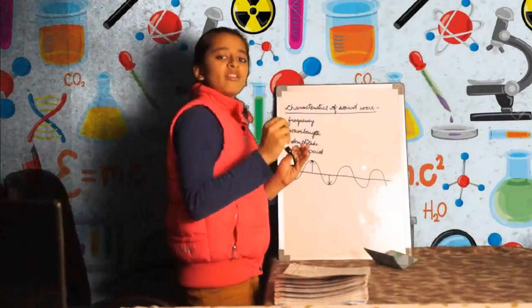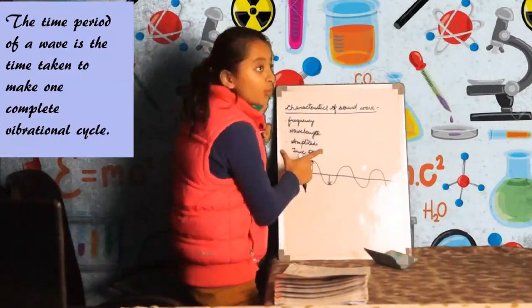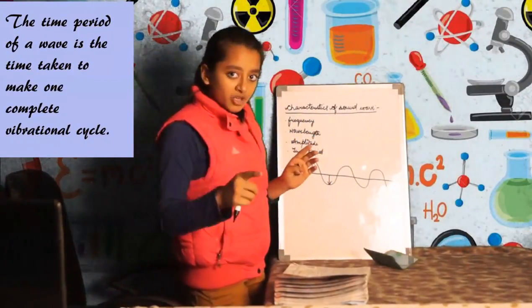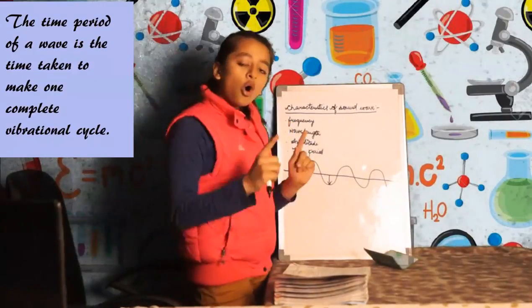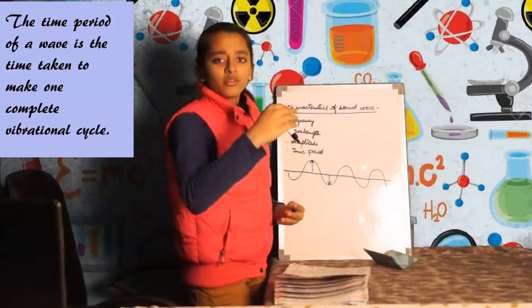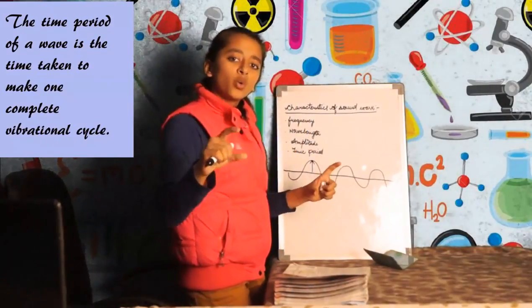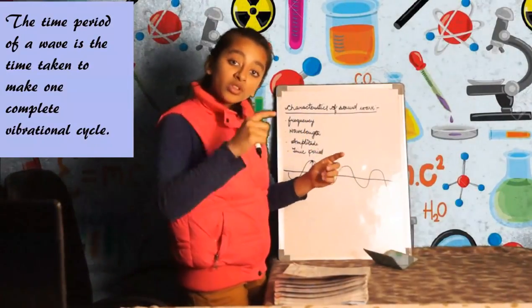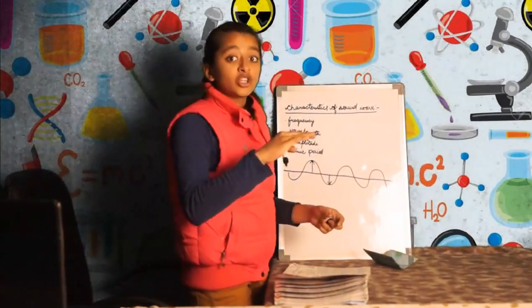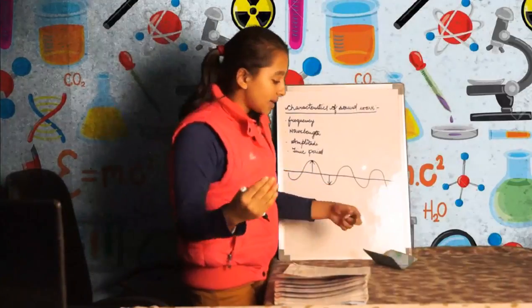And there is a very simple definition for the so-called time period. The time taken to complete one vibration, oscillation or a wave is our time period. It is going to repeat every time, and for calculating the whole time, we multiply the frequency into the time period.